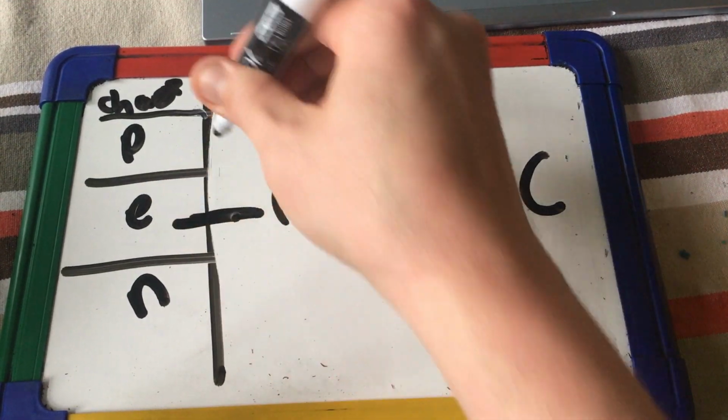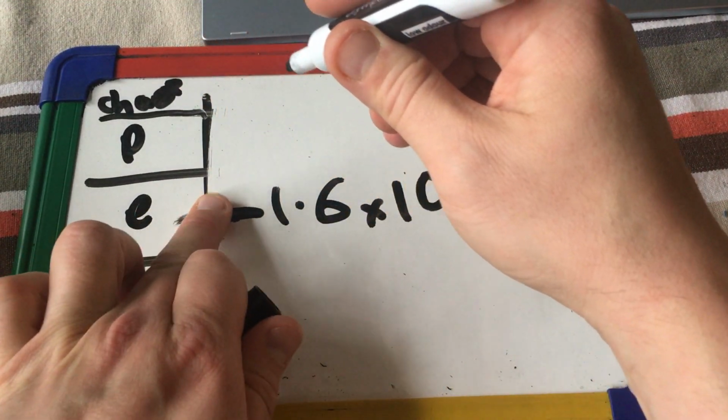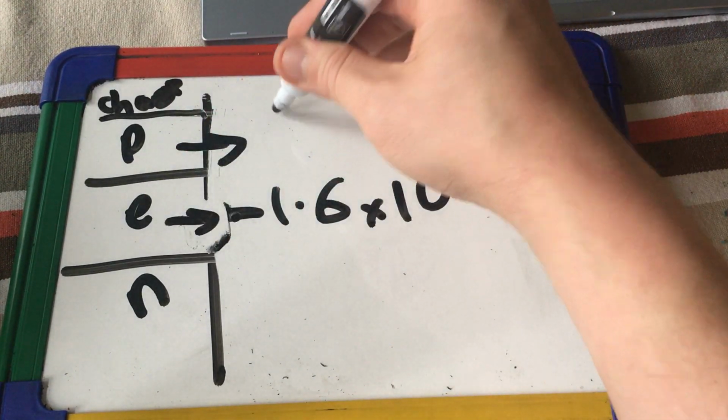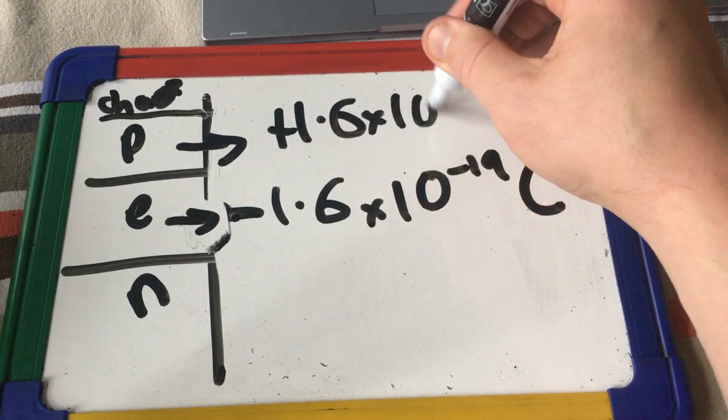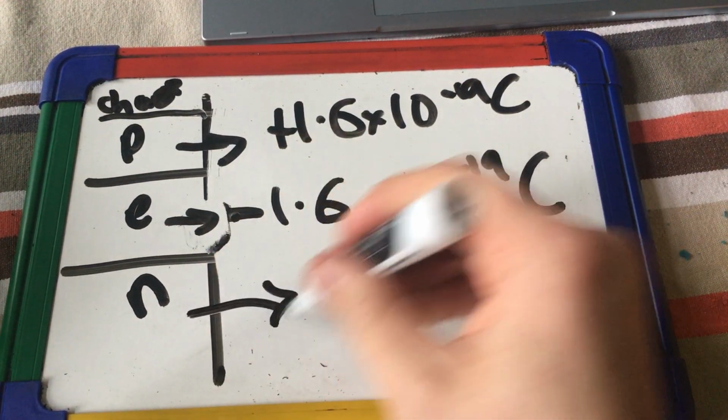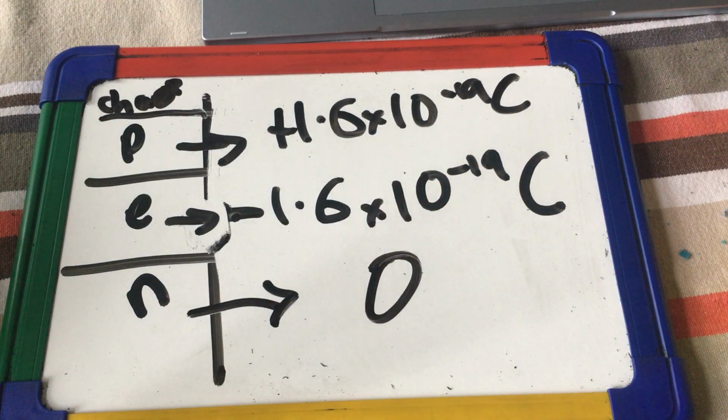It is negative. Okay? The proton has a positive charge of 1.6 times 10 to the minus 19 coulombs. Okay? And obviously the neutron has a charge of 0. And that's the difference between my relative and my actual table of charge and mass. Okay? Next video we're going to talk about isotopes.